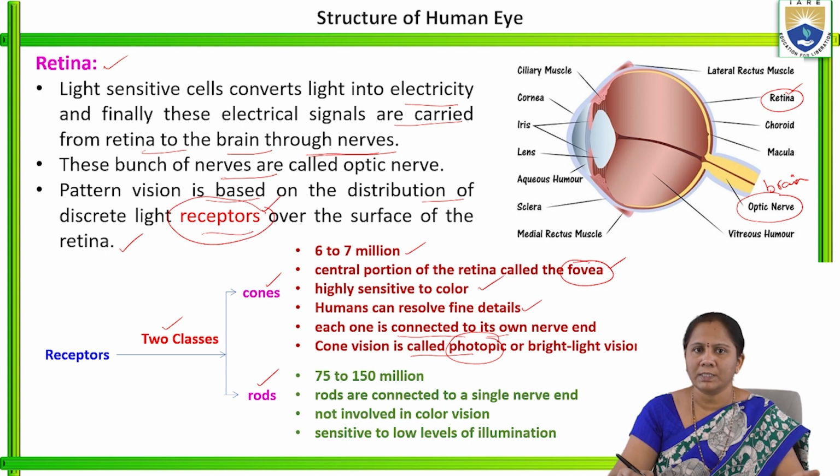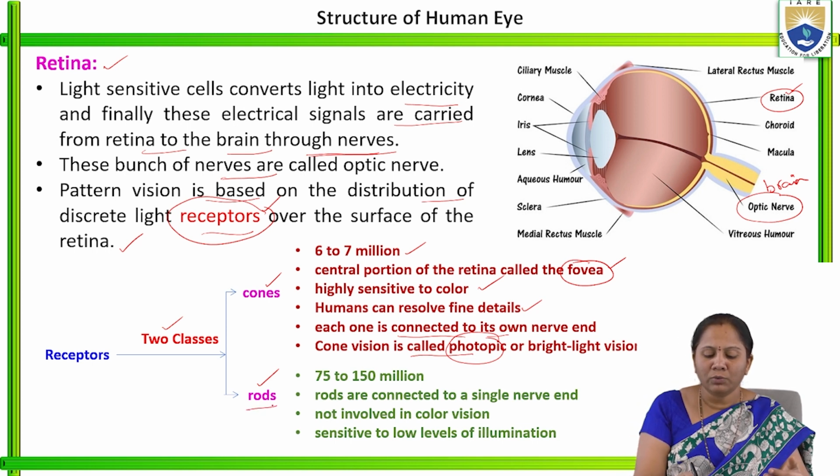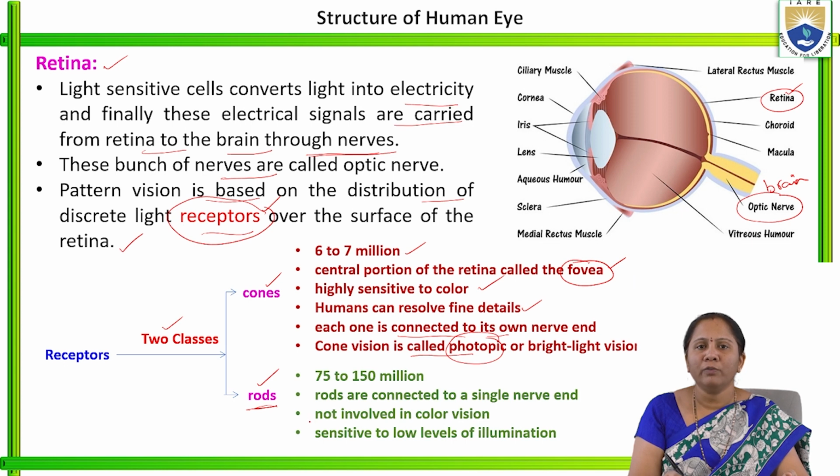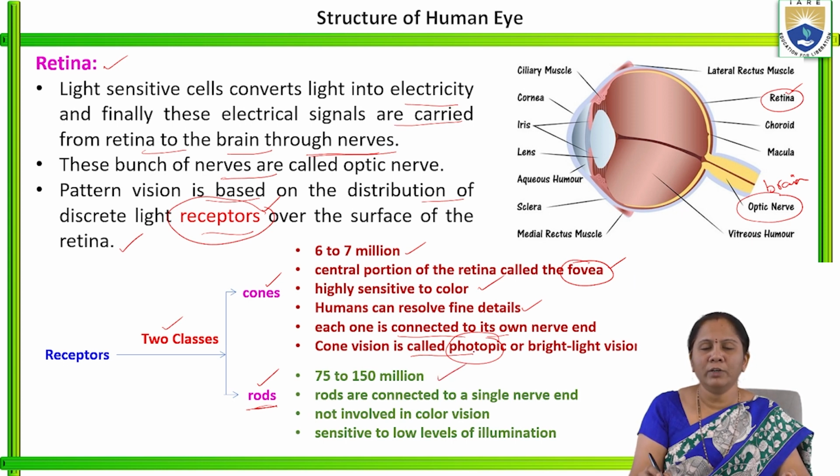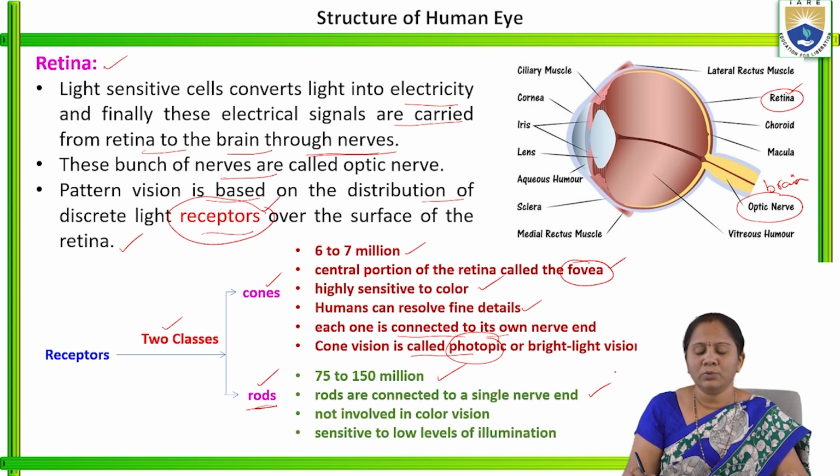We will see an example to identify clearly what is a cone and what is a rod. Coming to rods, the number of rods available is 75 to 150 million, and rods are connected to a single nerve end. Rods are not involved in color vision, and rods are sensitive to low levels of illumination.